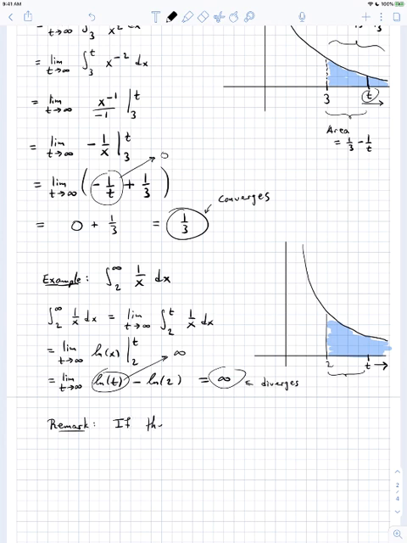If the limit defining an improper integral exists, we say the integral converges.